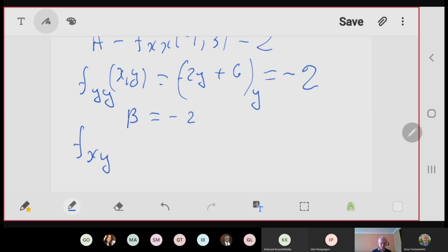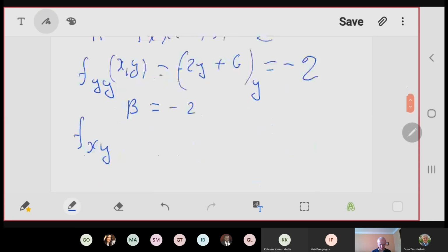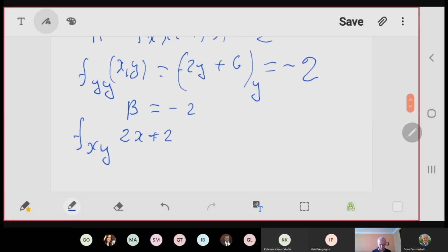In the same way as in the previous row, f_xy is 2x plus 2, derivative with respect to, no, sorry, I missed something here. For xy, we can take the first order derivative with respect to x, and then take the derivative of that with respect to y.